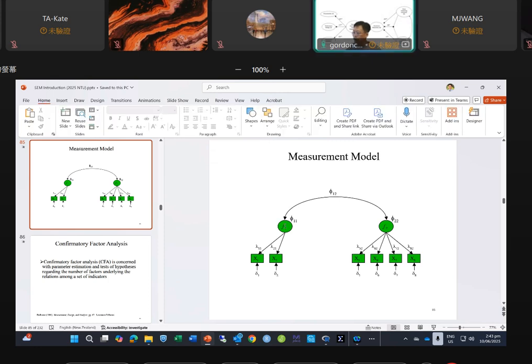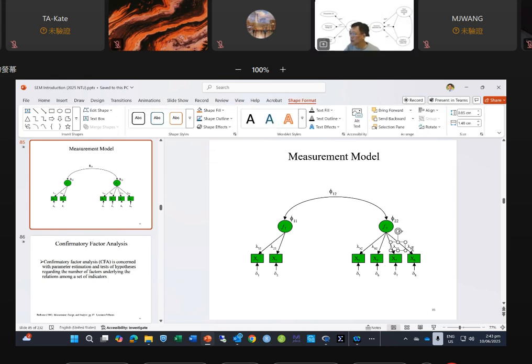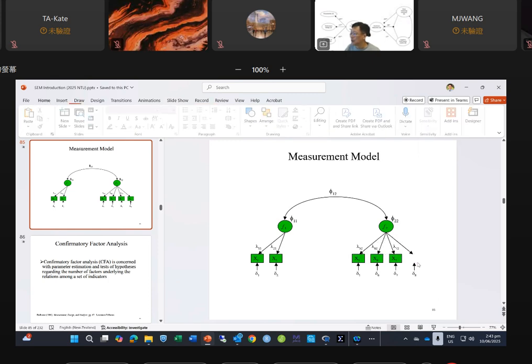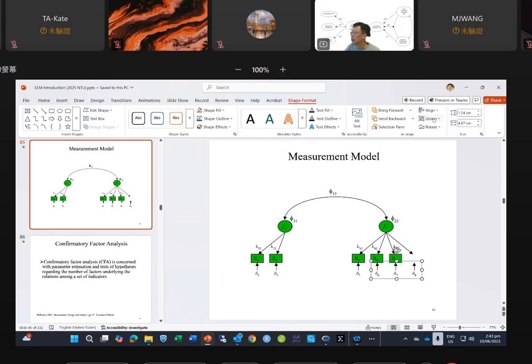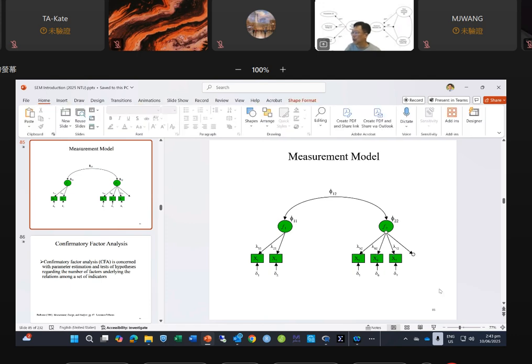The first 2 items measure the first construct, and then 3 items measure the second construct. p equals 15. What is q?